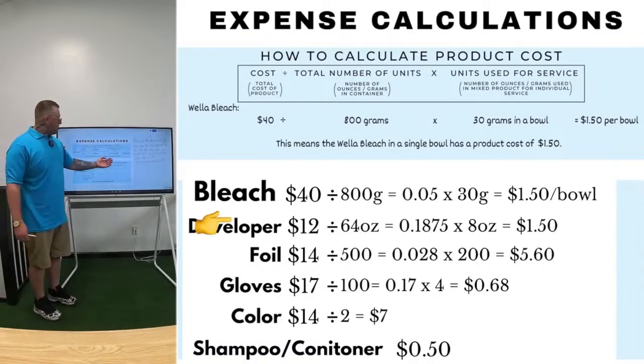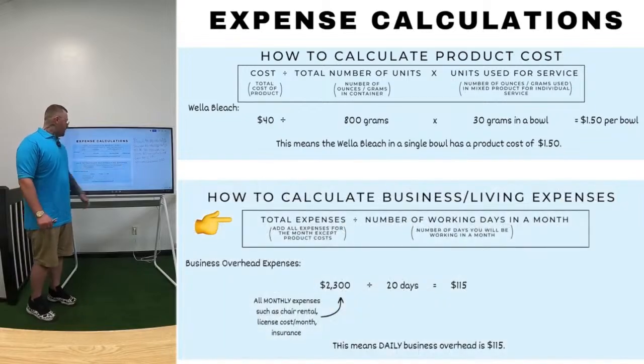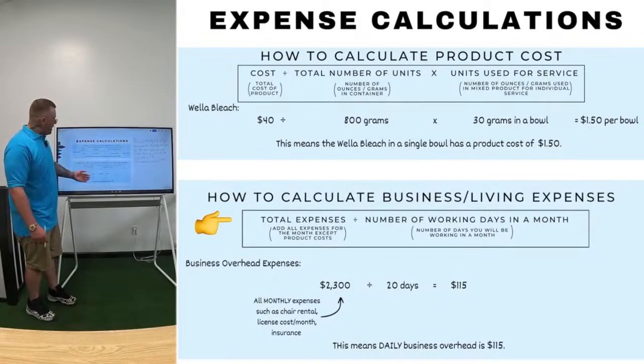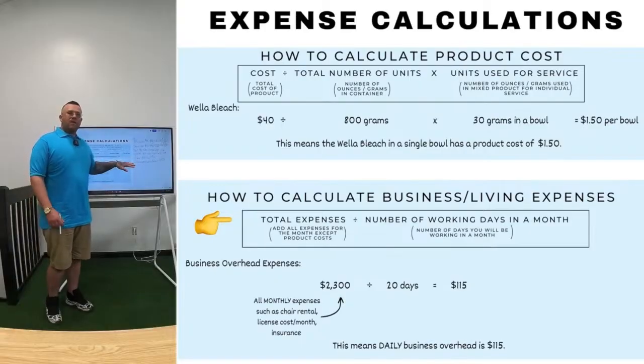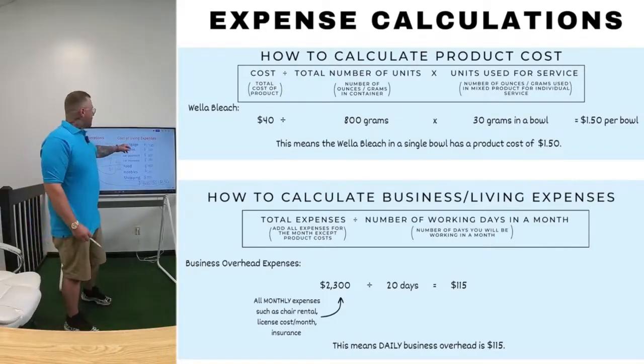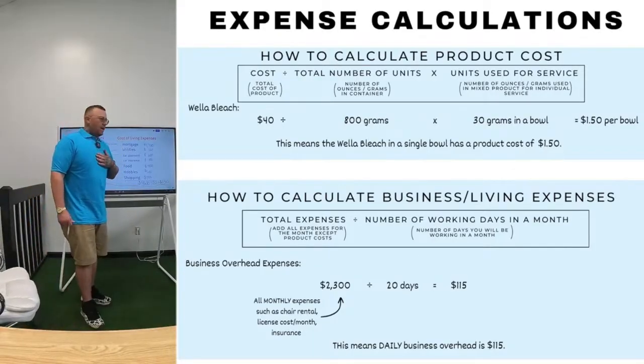How to calculate the living and the business expenses, I already did that, but this is another example that you'll have for yourself. I do recommend printing this out at least once so you can follow along, and then just get a notebook for yourself. Again, okay, so I'm gonna start with my living expenses.